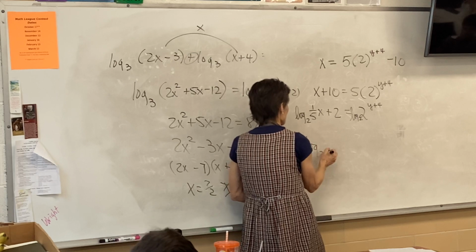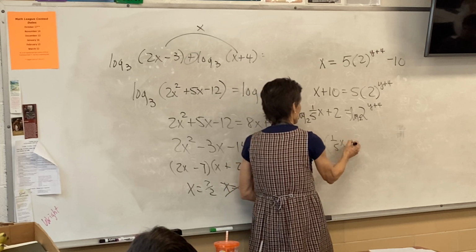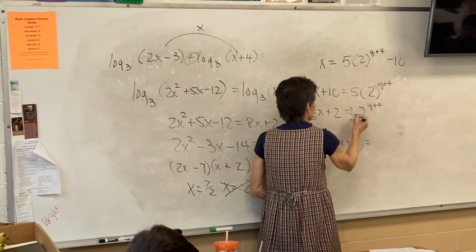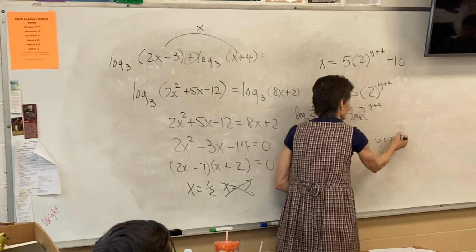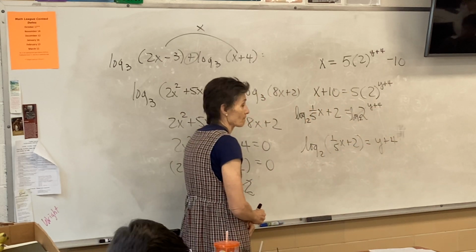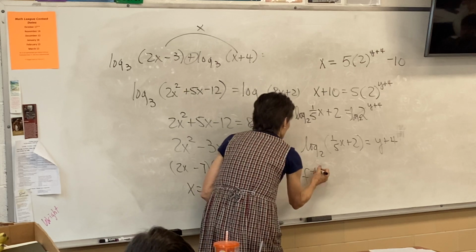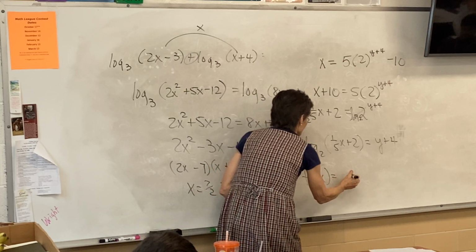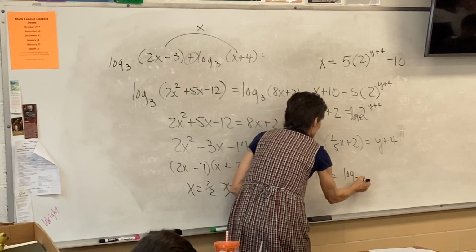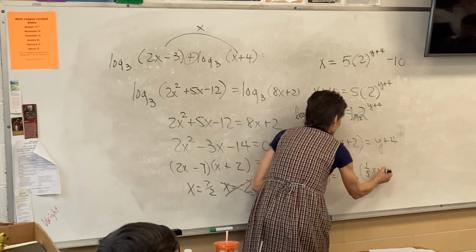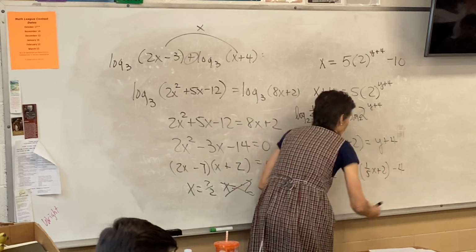So the log base 2 of 1/5 x plus 2 simply equals y plus 4. So my inverse is the log base 2 of 1/5 x plus 2 minus 4.